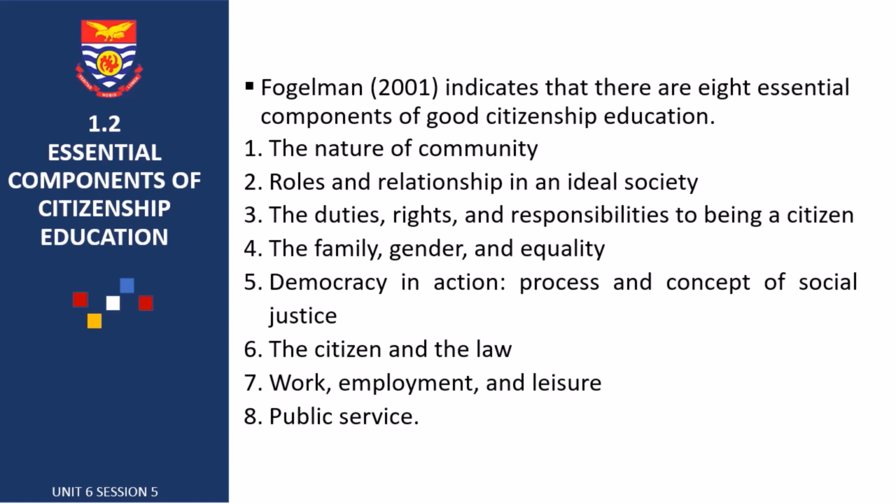Individuals have roles, people have relationship with each other. They should all be part of the citizenship education. The role as a parent, the role as a father, the role as a learner, the role as leaders, they should all be part. Then we have duties, rights, and responsibilities of citizens.